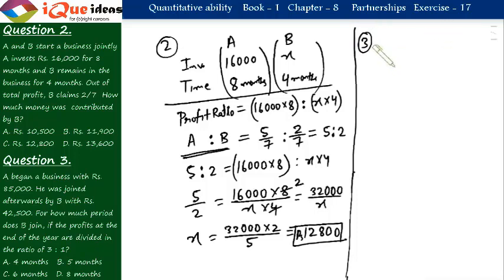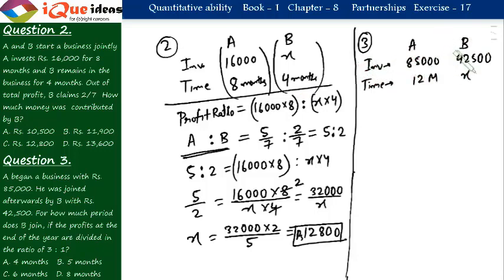So let me put it this way. Let's say A and B, their investments are 85,000 rupees and 42,500 rupees. Time duration for A it is 12 months and for B it is X months.